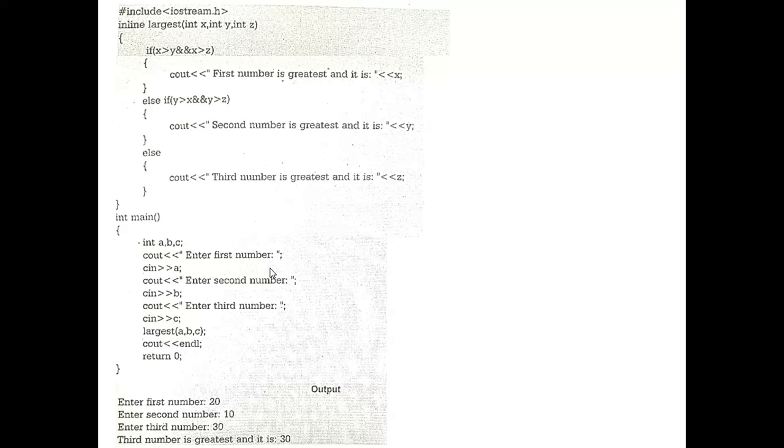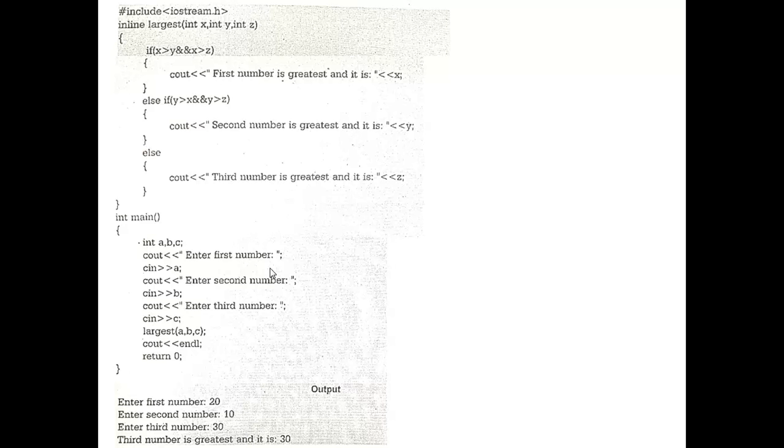In main function, we have initialized three variables a, b, c, and afterwards we are using cout and cin. We are taking the values of a, b, c from the user. After taking the values from the user, we are calling the largest function and passing the values of a, b, c to it.